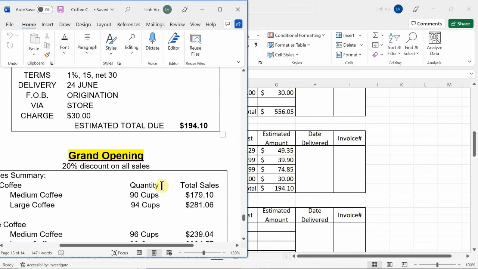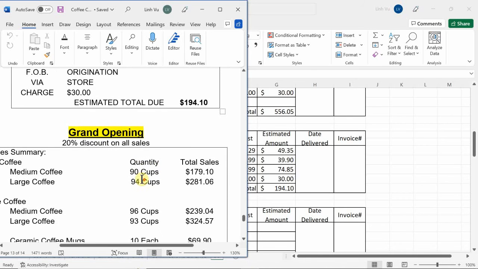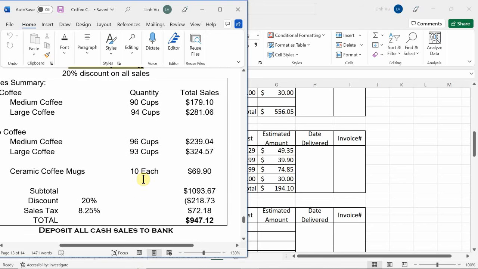Okay. Last but not least, we have to complete our daily sales. So this time, it's Friday, right? We only did this for 5 days now, right? We started on Monday. It's now Friday.